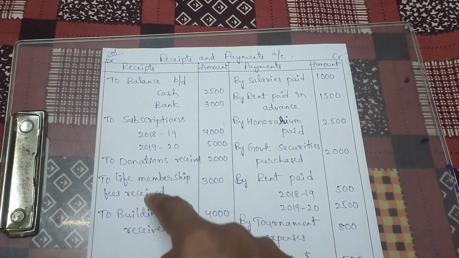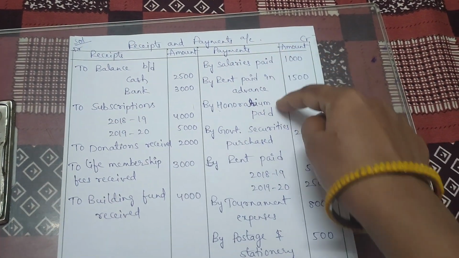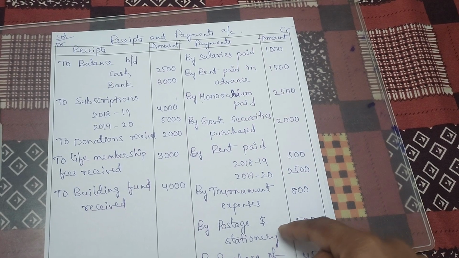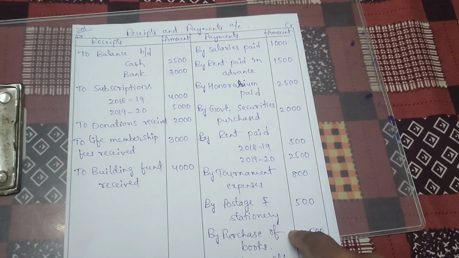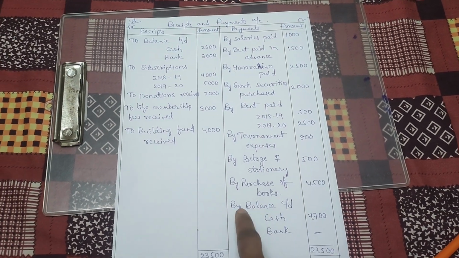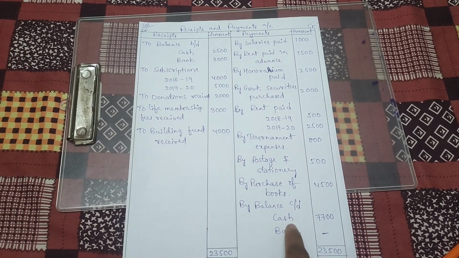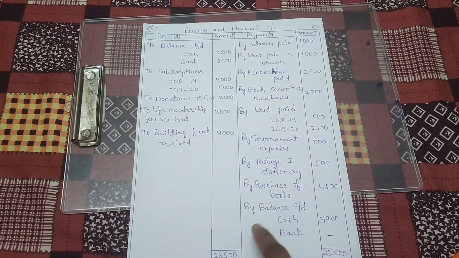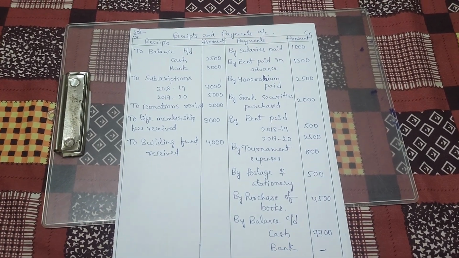If the business is receiving anything, we should record on the debit side. Next, payments we should record on the credit side, whatever payments are given. Last, at the end, we should write "By balance carried down", the closing balances of cash and bank, whatever is given in the question. Okay, let us see how to record all those items.